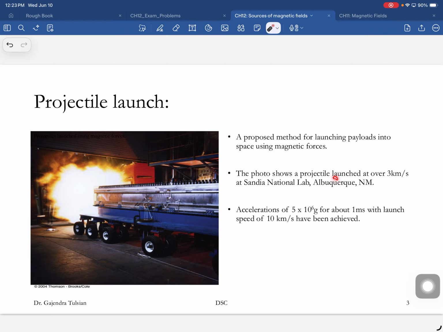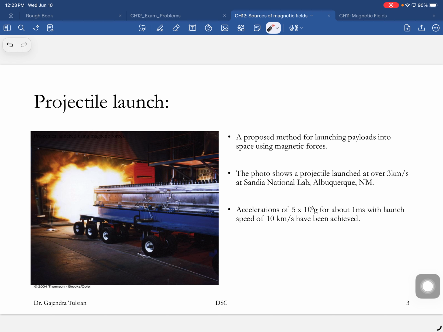A projectile, it can launch it at 10 kilometers a second. What is the escape velocity from Earth? 11 kilometers a second, 11.2. Yeah, so it can launch it at 11 kilometers. So in this span, it is giving an object an acceleration of 5 million Gs.